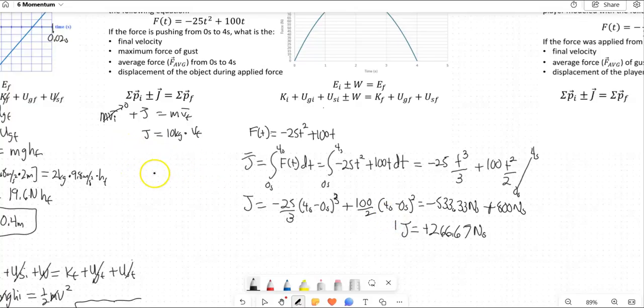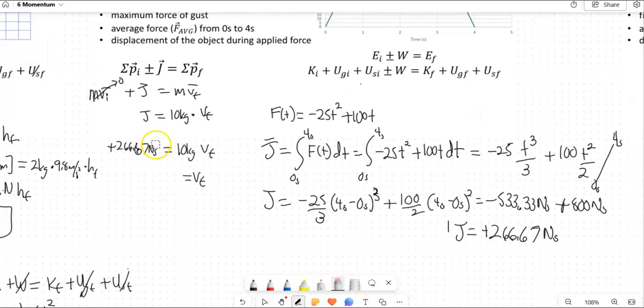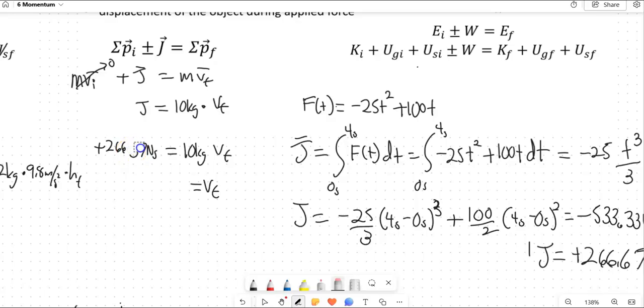So we're going to have to plug that in over here. So now we know that positive 266.67 Newton seconds equals 10 kilograms V final. So our final velocity after this gust of wind, which apparently is really huge, and I'm going to zoom in over here and fix this.